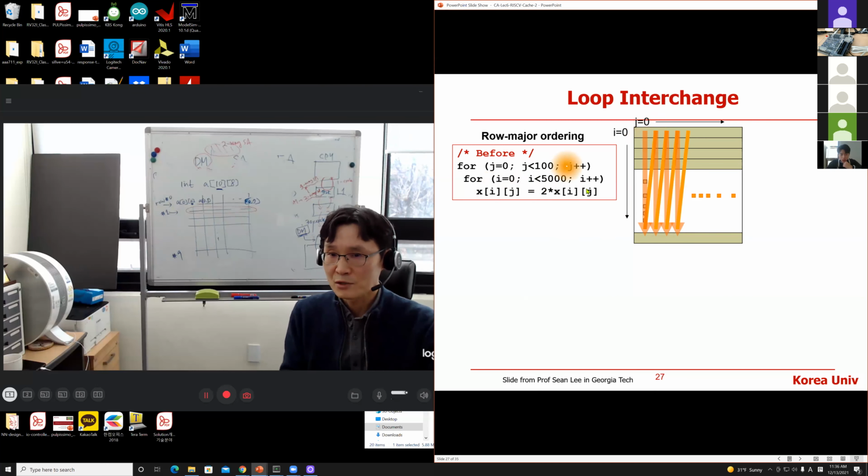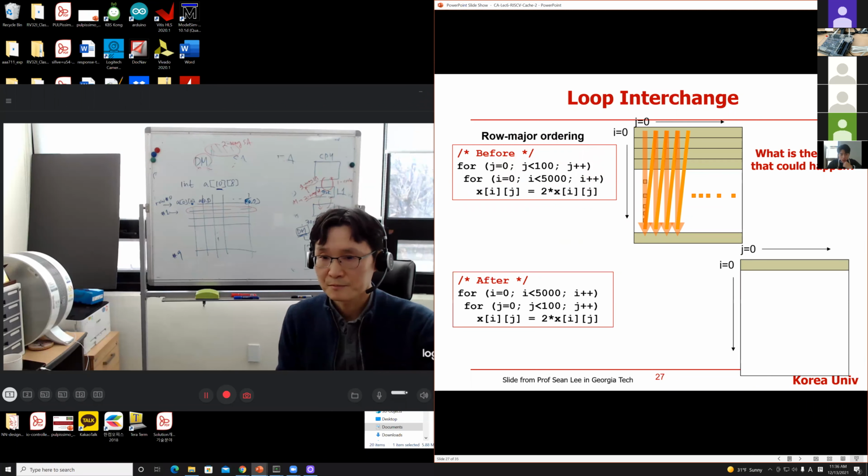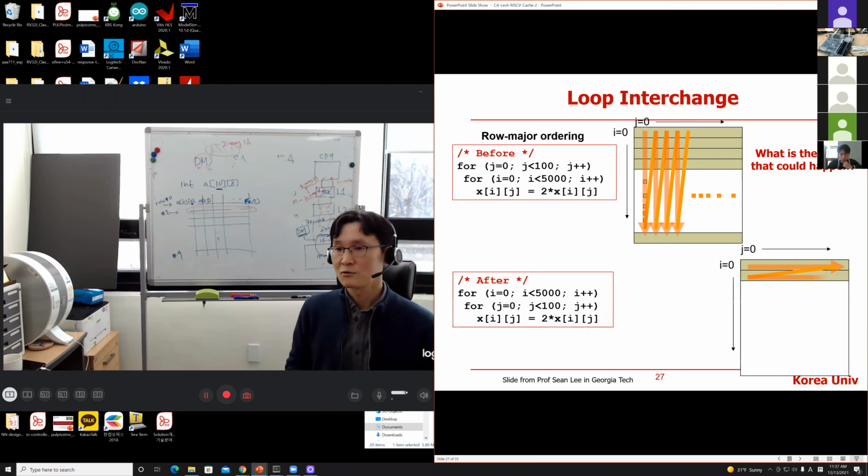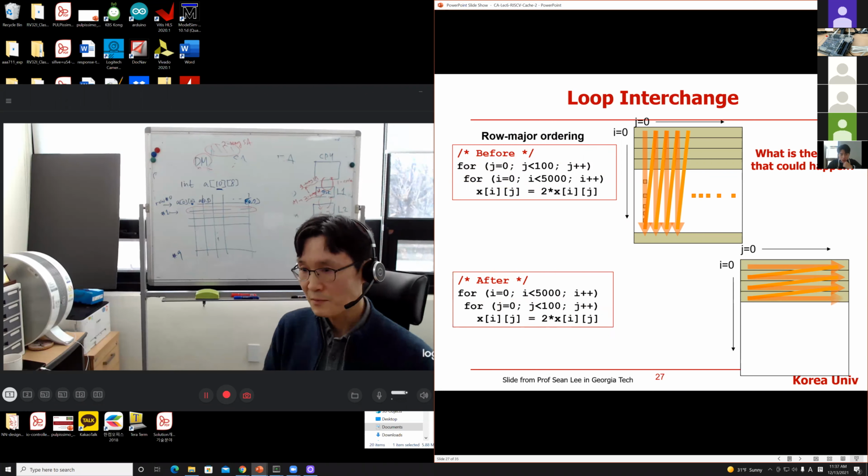But if you interchange the loops, switching the inner loop and the outer loop, then you are fixing the row and changing the column, and the data access pattern looks like this.